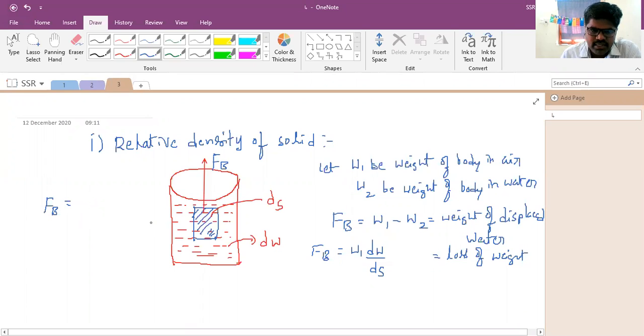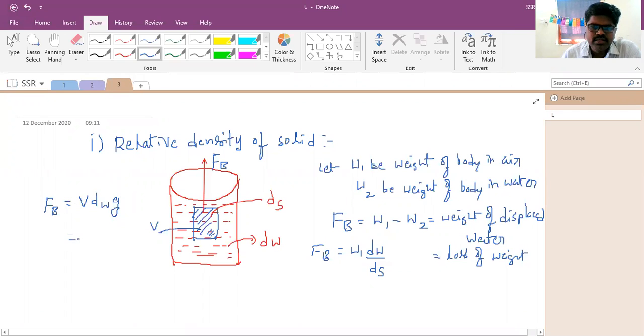Suppose V is the volume of the body. Then volume of body into density of water into g means the weight of displaced water only, because it is immersed.